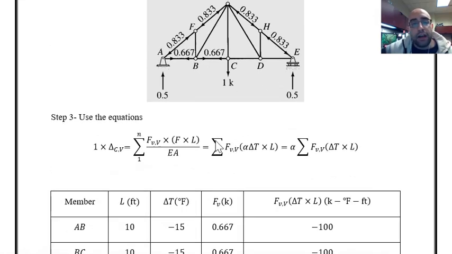So now I have to return to the equation that we had for the virtual work method. 1, or the virtual force multiplied by the deflection, is equal to the summation of the forces because of virtual loading multiplied by the force because of the actual loading multiplied by the length over EA.